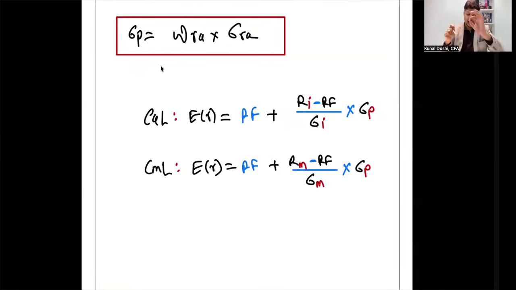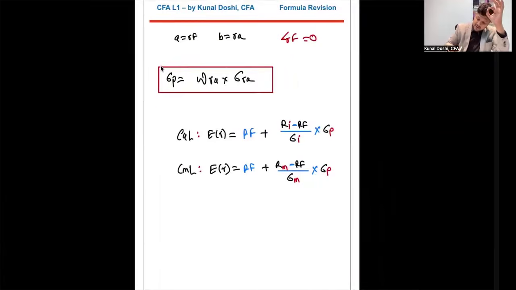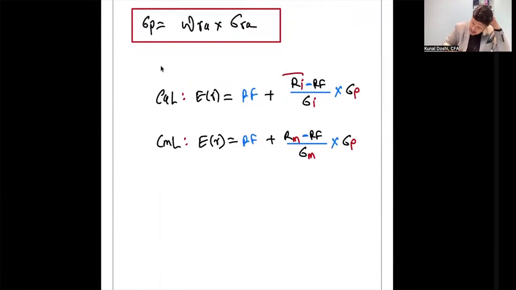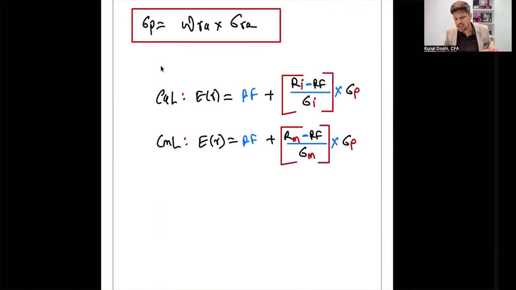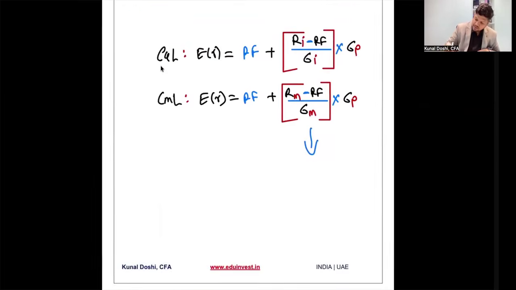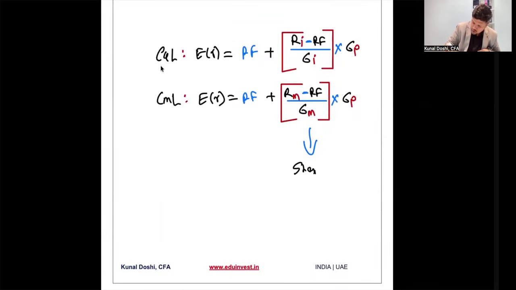CAL is for an individual investor, but if the market is efficient, we consider one single portfolio, the market portfolio. What is this part called? The Sharpe ratio. Everyone with me?